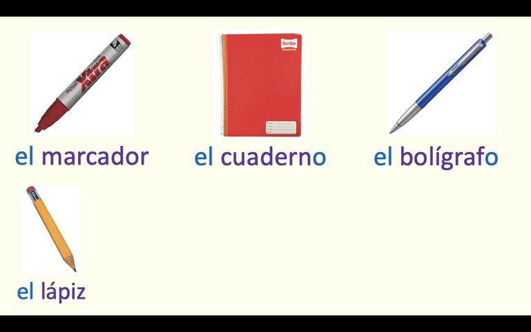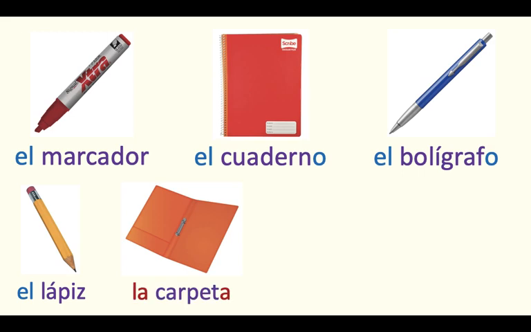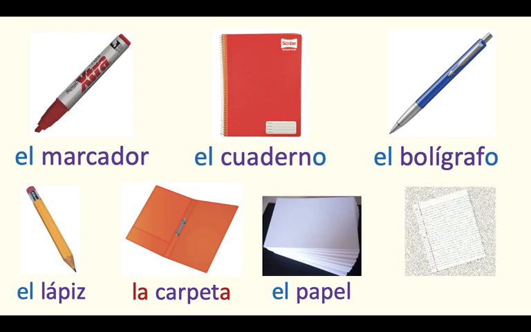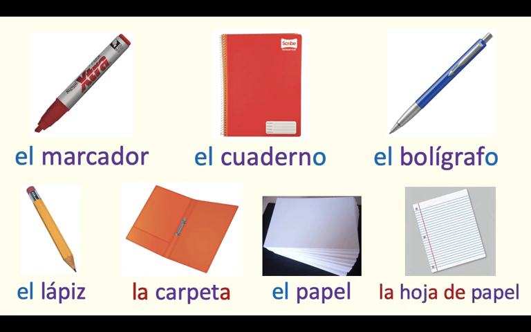Repita, el lápiz. Folder. Repita, la carpeta. ¿Cómo se dice paper? Repita, el papel. And ¿cómo se dice the leaf or the sheet of paper? Repita, la hoja de papel.